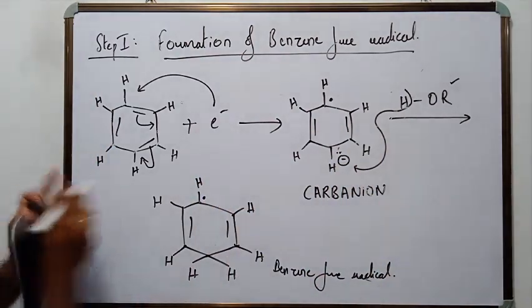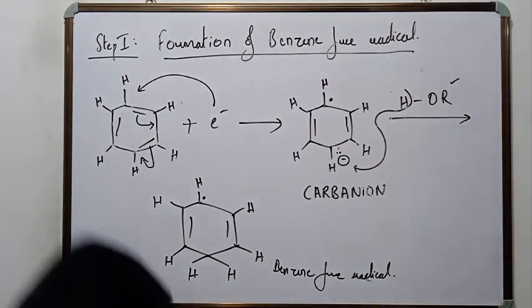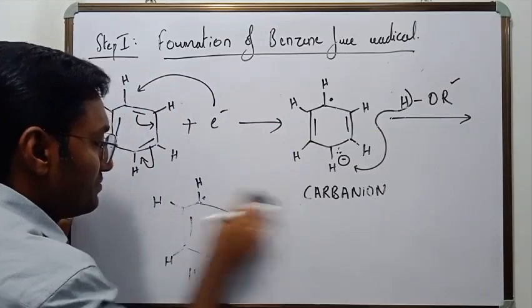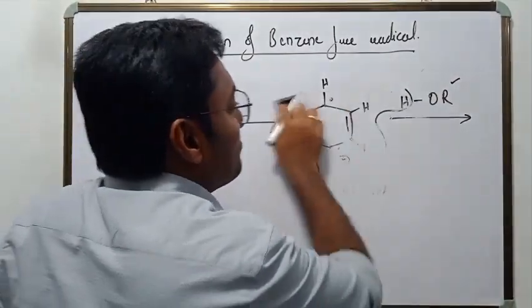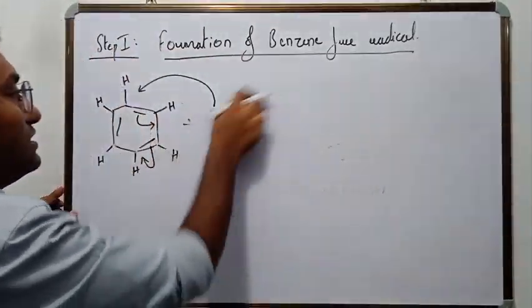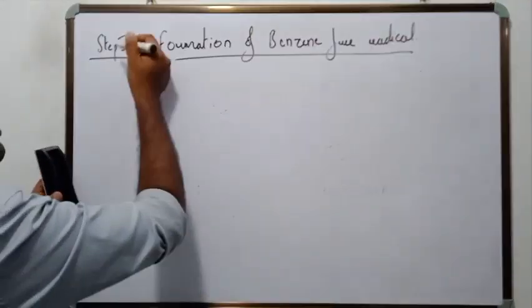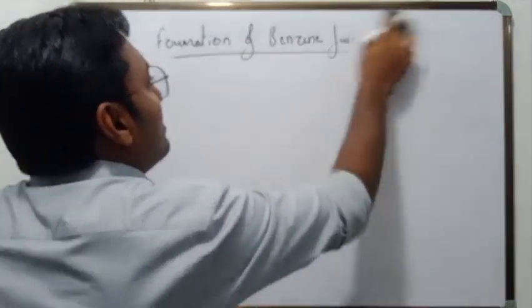Now let us go to step number 3. The duster fell off my hand. Okay. Please write here step number 2. Okay, it skipped my mind. Step number 3.